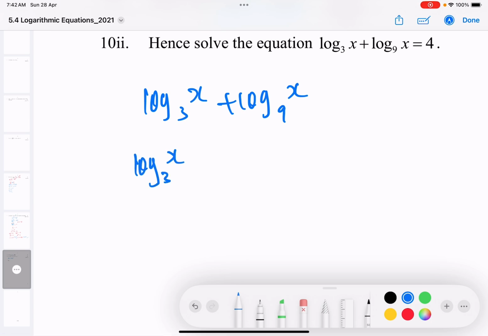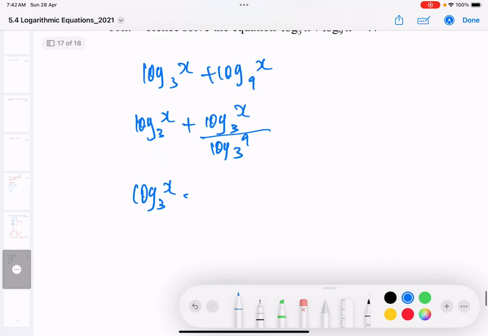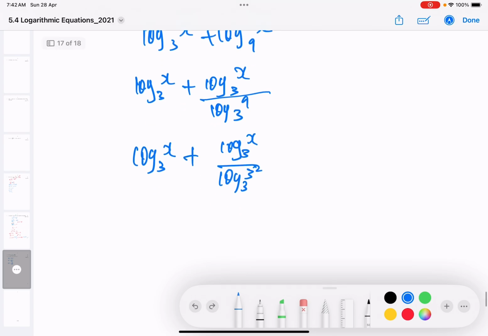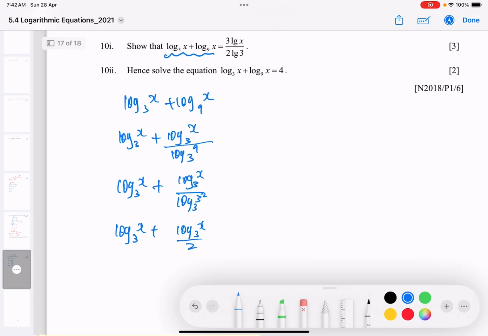So I'm going to get log 3 of x plus log 3 of x over log 3 of 9, because I'm changing to base 3. The 9 can be changed into 3 squared, and I can bring the 2 down, if you remember. I'm going to skip a little bit of steps. So plus log 3 of x over 2, right? So I'm going to change it to this.